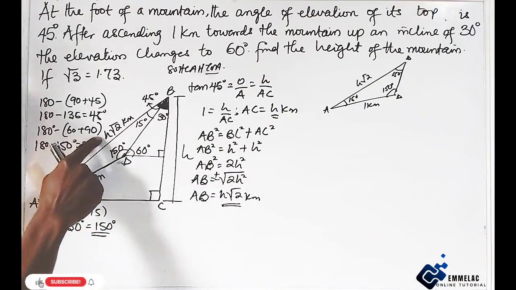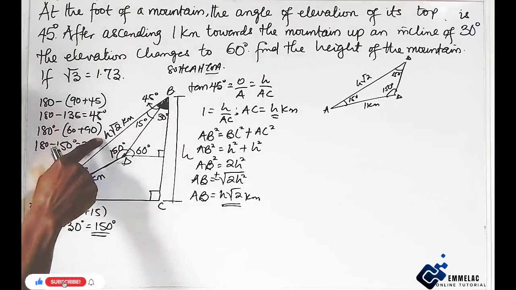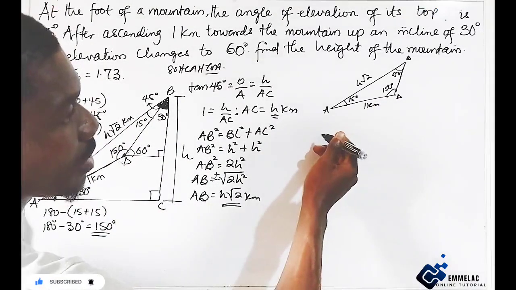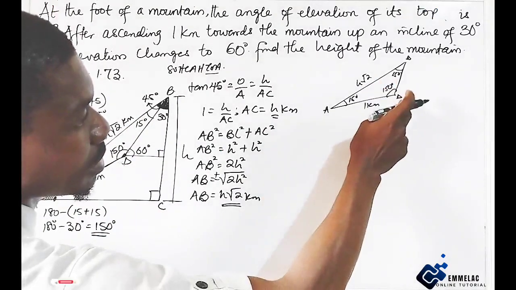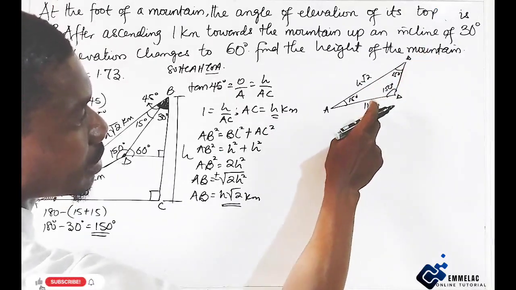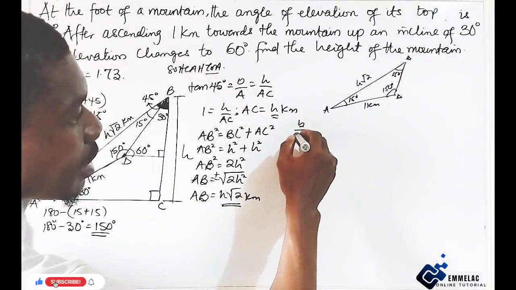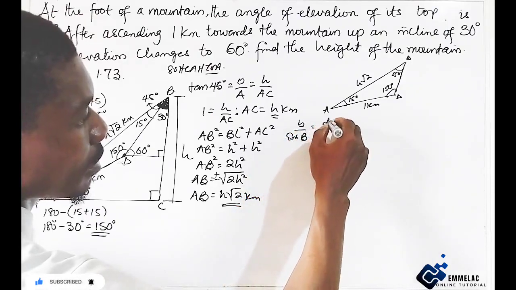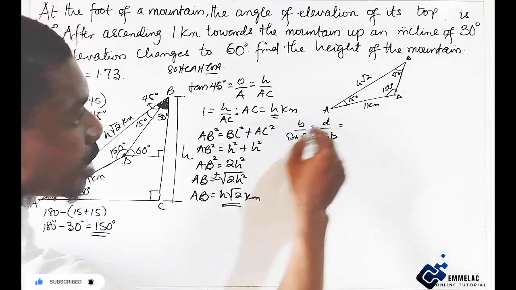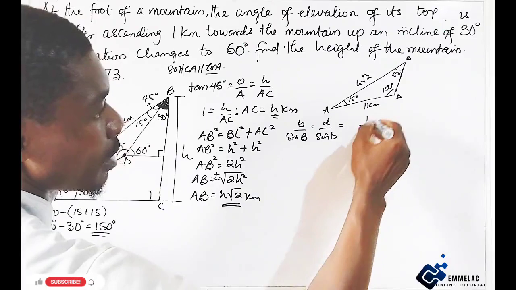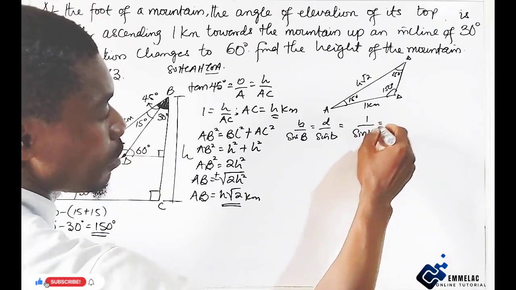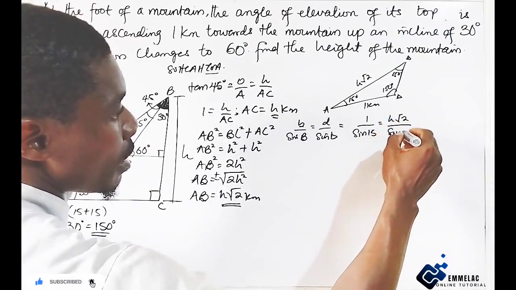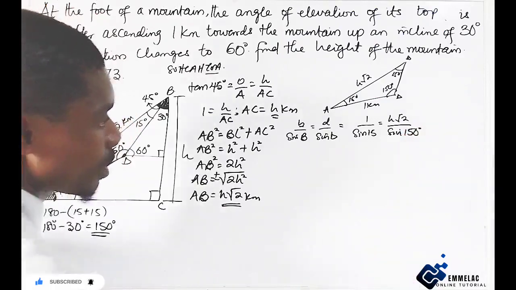If we get the value of this h here, then using the sine rule, we have that B over sine B equals D over sine D. Our B here is 1 over sine 15, then equals our D, which is h root 2 over sine 150.